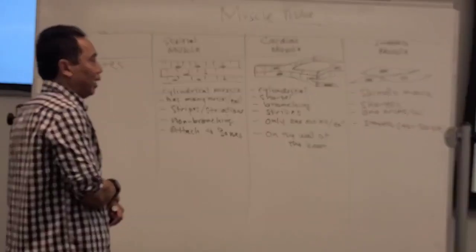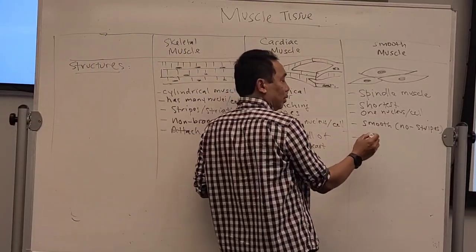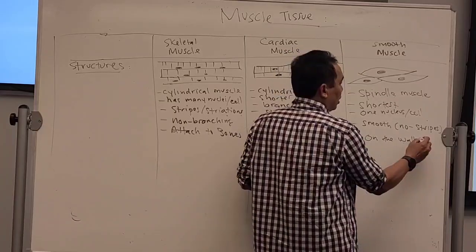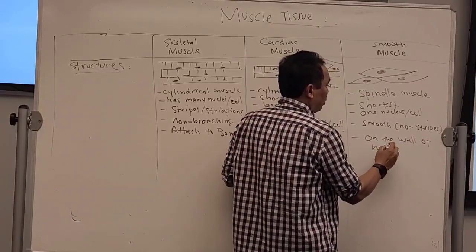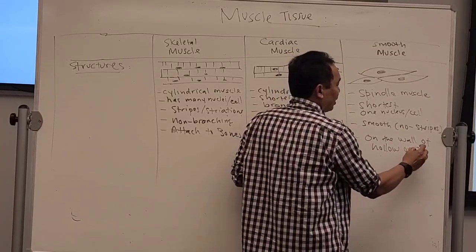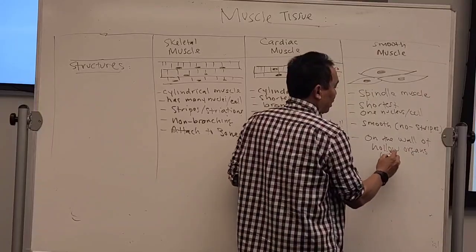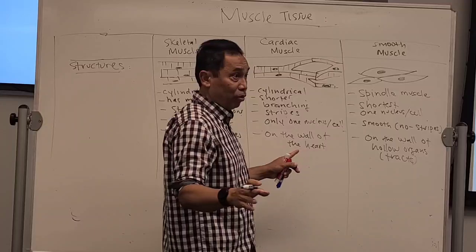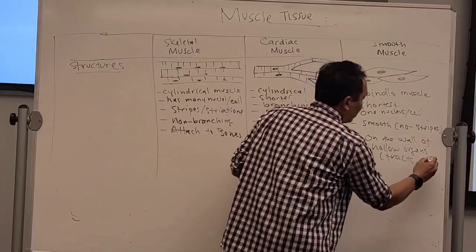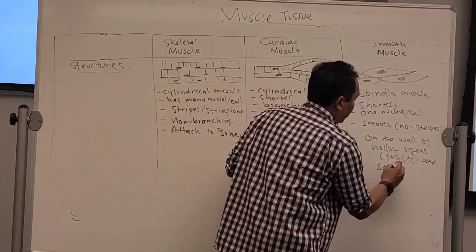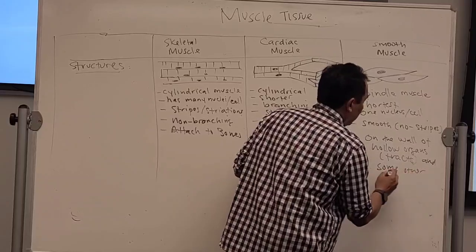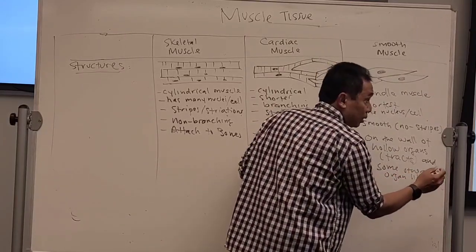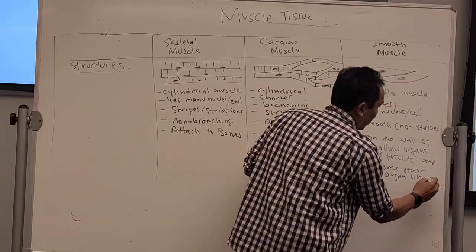And then where is it located? On the wall of hollow organs, mostly tract organs. They have a hollow or lumen in them, and also some other organs, like eyes and skin.